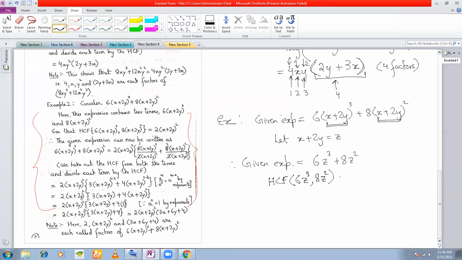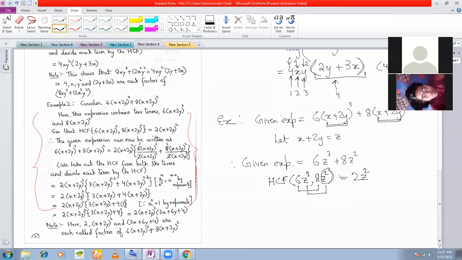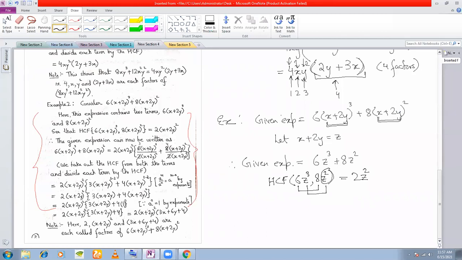What is the HCF of these two? HCF of 6 and 8 you know is 2. And HCF of z cube and z square, you take the lower power, z square. Okay, so this is what the HCF of these two terms is. So now if I take out the HCF from the given expression, it is 2z square.